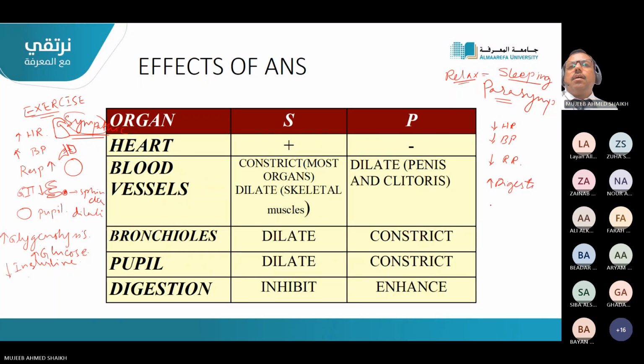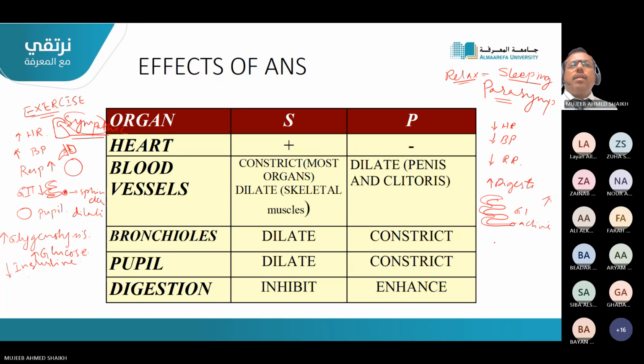That means GI motility will be more. When you are relaxed or at home, you usually go to the bathroom. When you are under stress, you don't go to the bathroom, right? So GI activity or motility will be more.